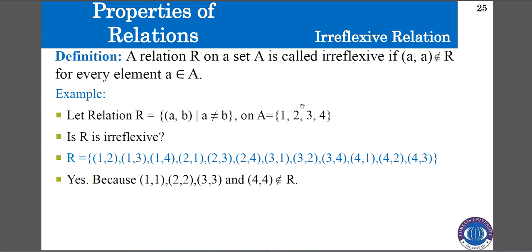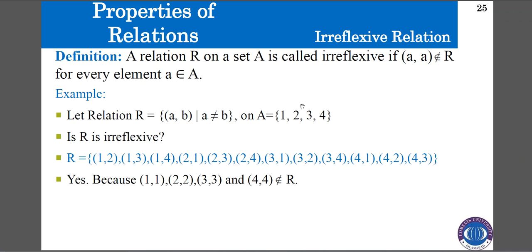Next is irreflexive relations, which are the opposite of reflexive relations. Definition: a relation R on set A is called irreflexive if the pair (a, a) does not belong to R for every element a belonging to A. For example, the relation R = {(a, b) | a does not equal b} on the set A = {1, 2, 3, 4} is an irreflexive relation.